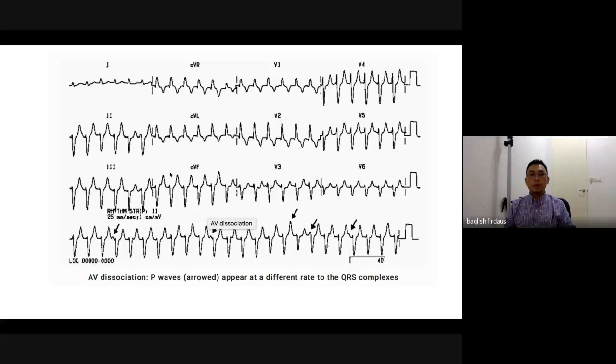There will be AV dissociation, same like complete heart block, but usually the QRS complex is faster than the P. That means there will be more QRS complexes than P waves. Sometimes you can identify P waves appended in the QRS complex. For example here, there will be a P in the QRS complex here.